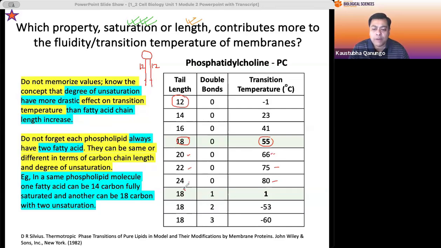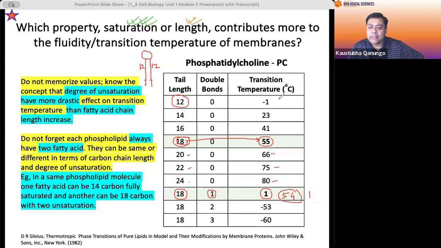But see that you have an 18 carbon length, right here, 18 carbon, and you just added one unsaturation, and from this 55 degrees, it dropped to almost close to 1 degree. So one unsaturation dropped the temperature 54 degrees.